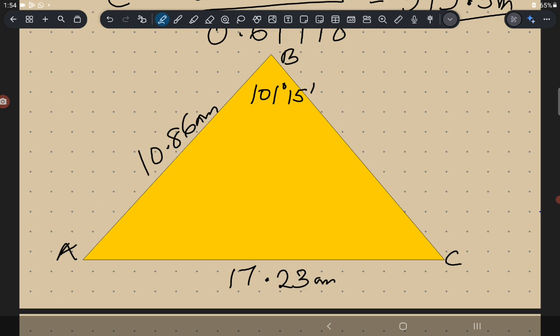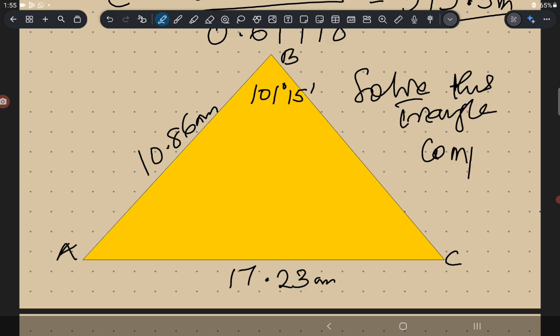So solve this triangle completely. You find the value of angle A, you find the value of angle C, you find the side of angle A. Yes, we have small a, big A, and big C.